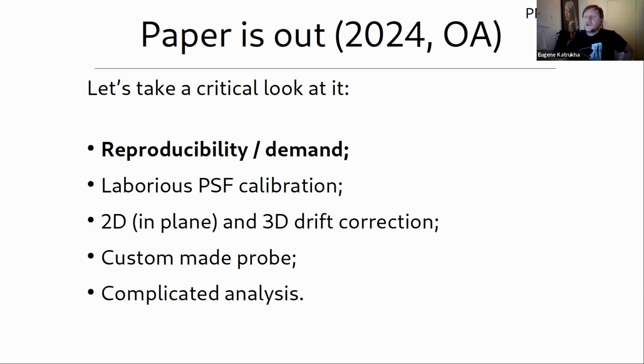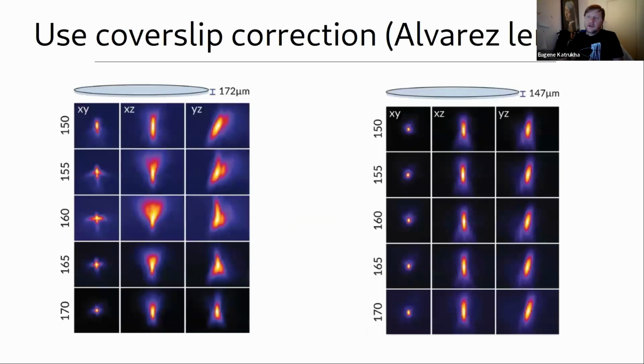So one worry that we had was how reproducible this method is. The way we introduced this point spread function engineering was somehow arbitrary, right? We didn't do a rational design. We did it, and then we saw, oh, okay, it works.